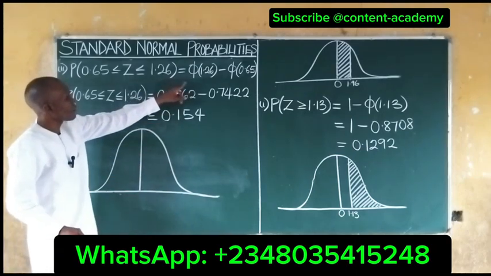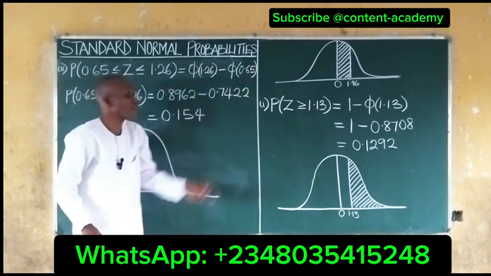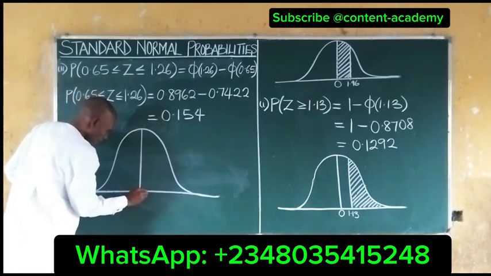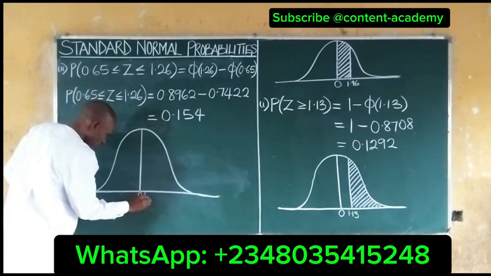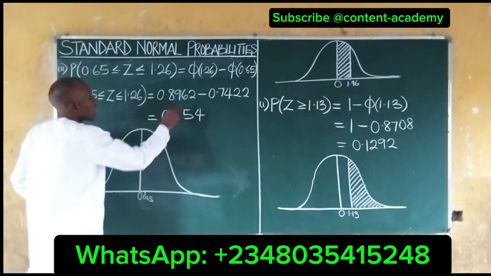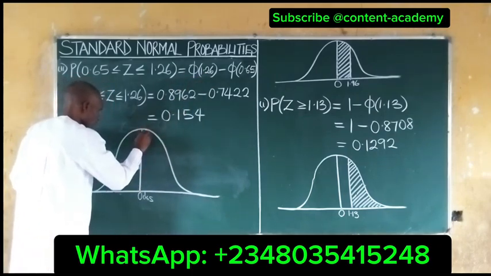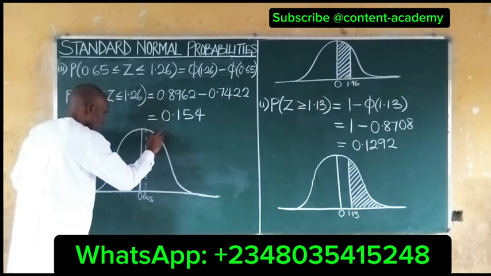Now, we have here 1.26 and 0.65. They are all positive. So 0.65 can be here, then we have 1.26. 1.26 can be here.